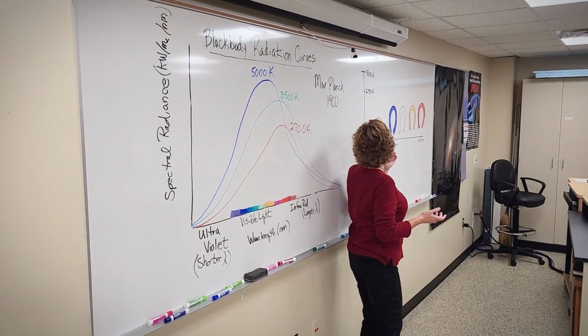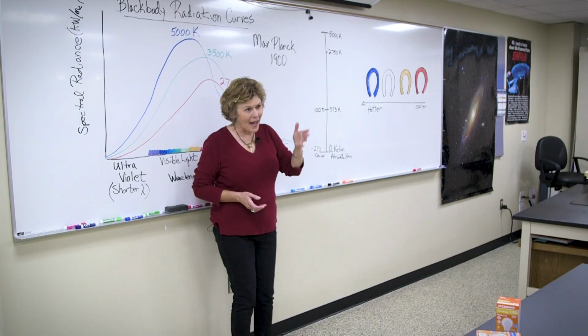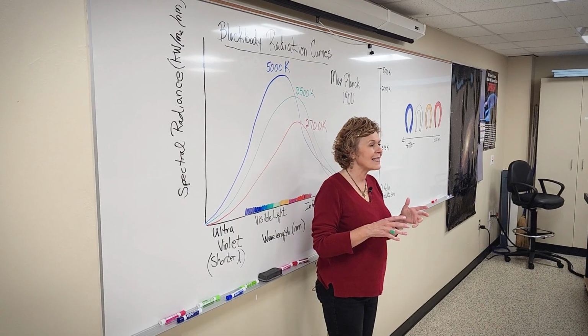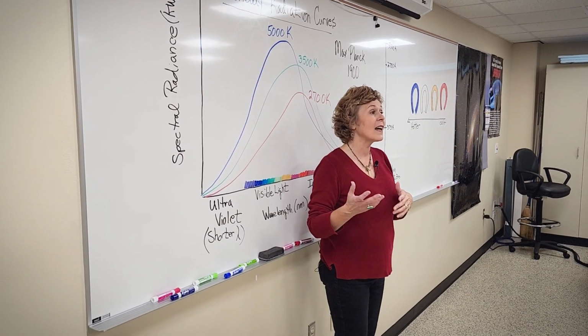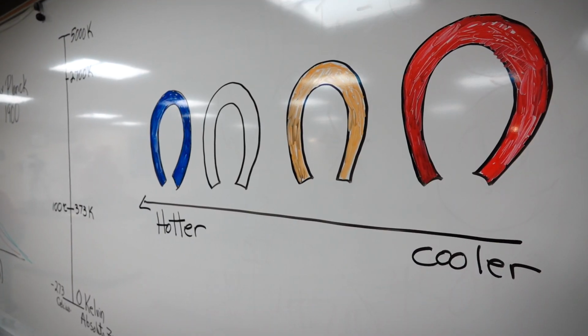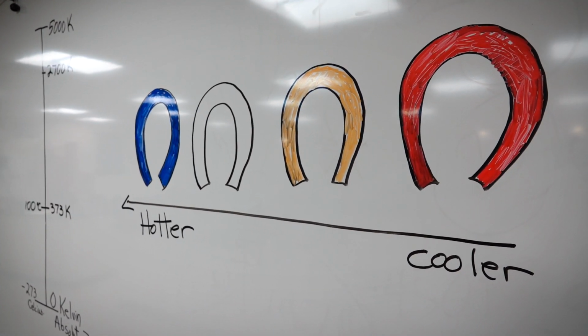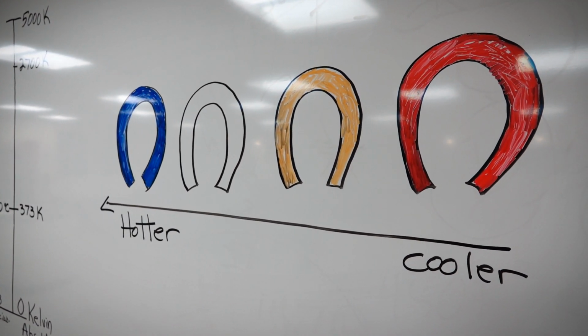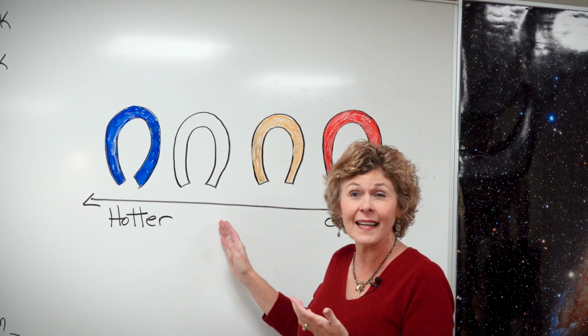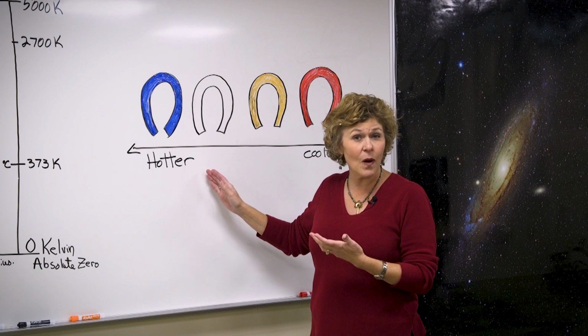Well, in 1900, there was a German scientist, Max Planck. And Max Planck was doing some work with objects that change color when they get hot. If you examine something like a horseshoe, when they start out, they get red hot. And then the hotter they get, orange hot, yellow hot, white hot, and then eventually blue hot.